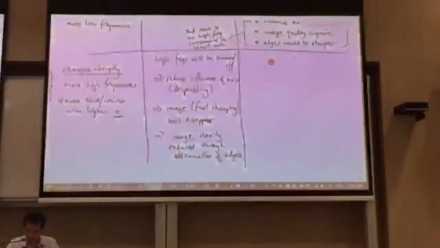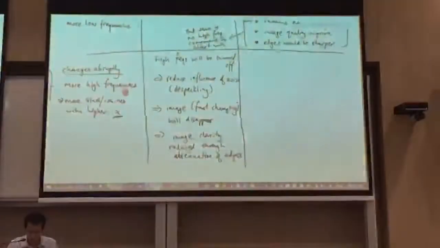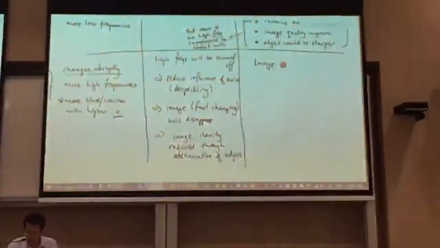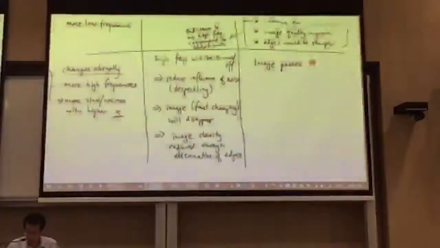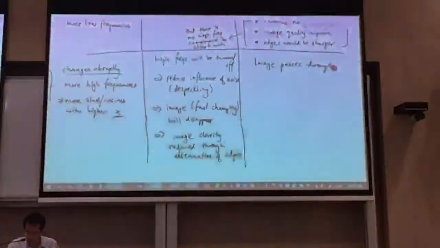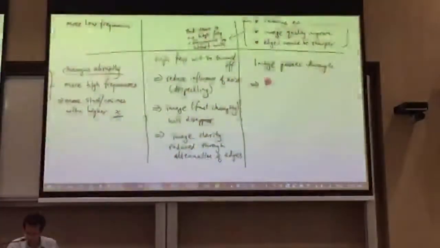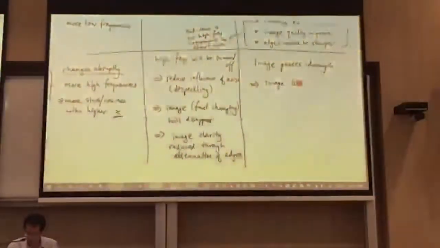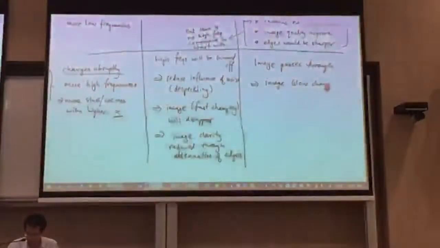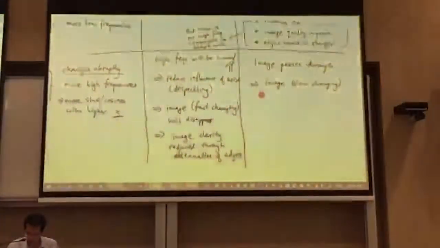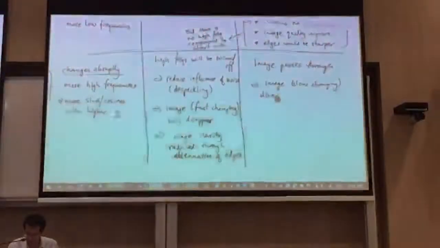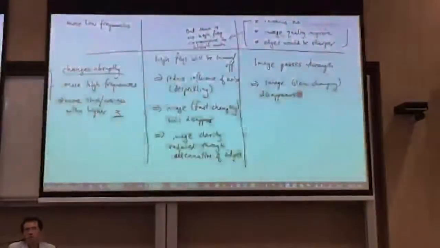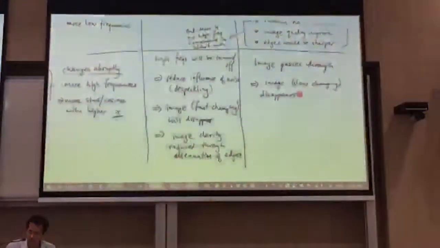So let's have a look at high pass. For high frequency content, passing it through the high pass means the image will pass through. If there is a mixture of a little bit of low frequency, the slow changing part disappears. That means you're actually enhancing the contrast.